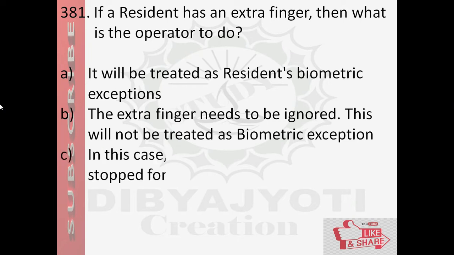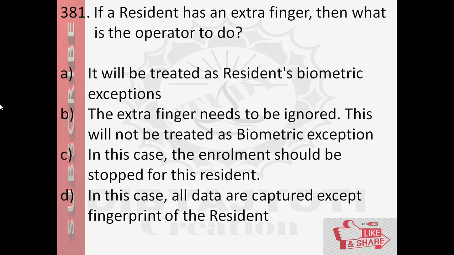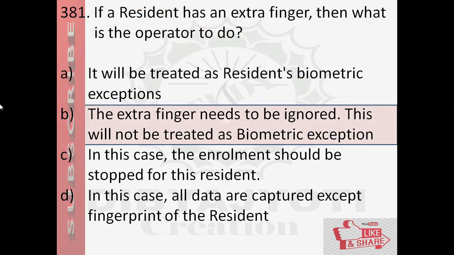C, in this case, the enrollment should be stopped for this resident. D, in this case, all data are captured except fingerprint of the resident. And the answer is option B, the extra finger needs to be ignored. This will not be treated as biometric exception.